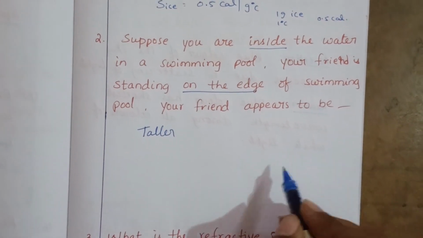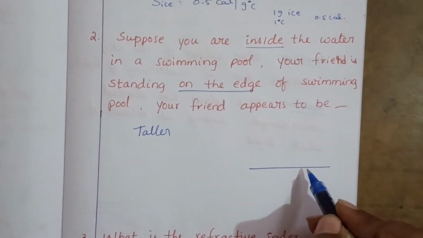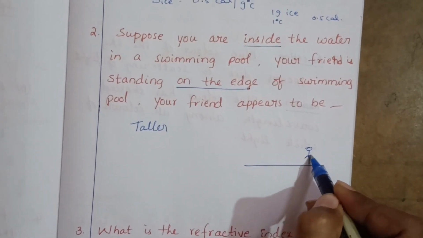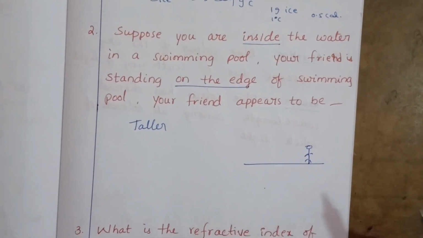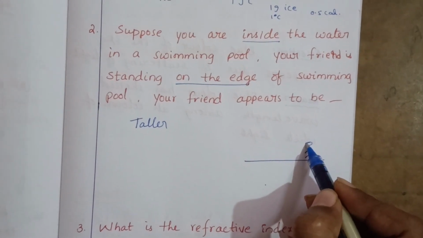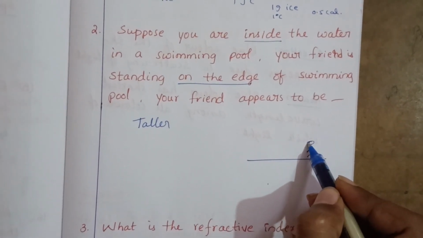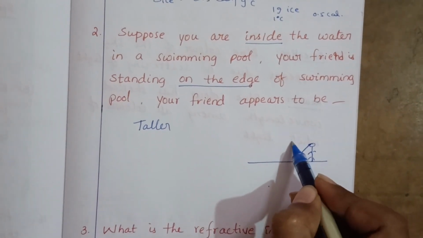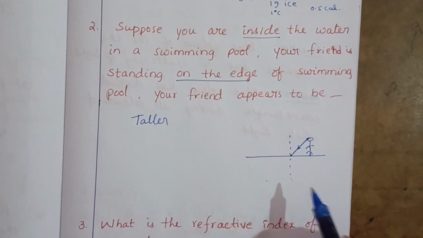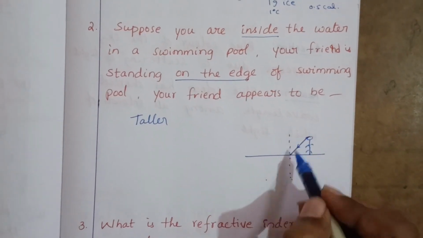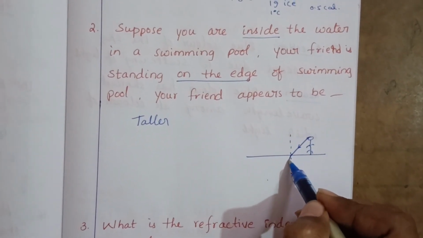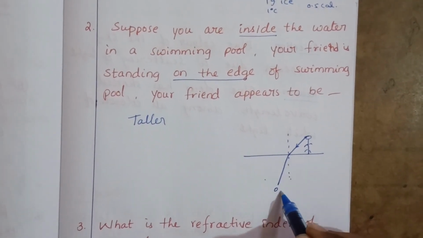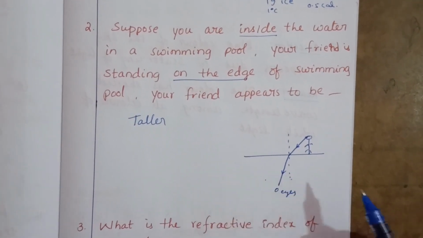Now I will tell you the proof. For example, here is your friend, and you are inside. The light ray coming from the top of his head travels from rarer medium to denser medium, so from air to water it bends towards the normal and reaches your eyes.